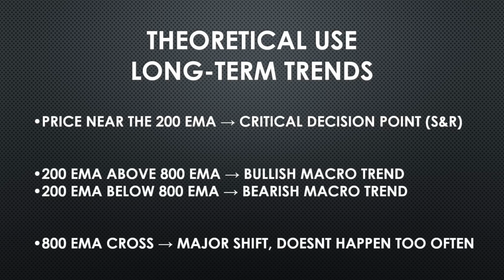Depending on your time frame, of course, again, this is not for the low time frames, but for the bigger time frames. If you're on the bigger time frames, you will see price very rarely cross the 800 EMA. So this can also be considered your final zone of support or resistance, in brackets. So that's pretty much the theory behind our EMAs.